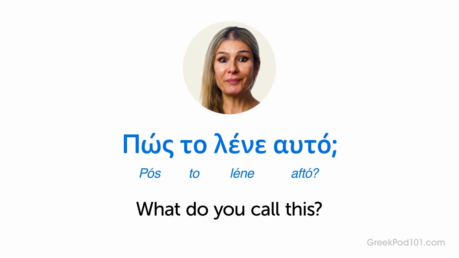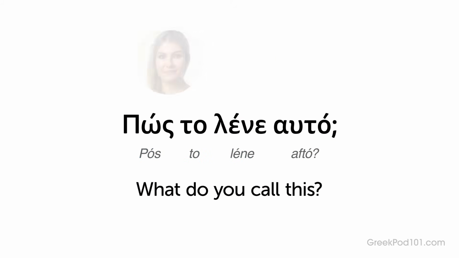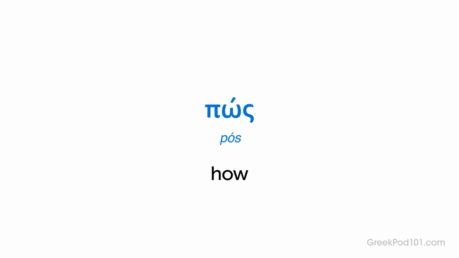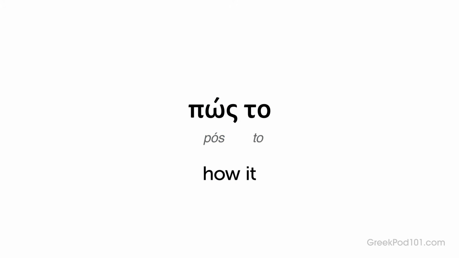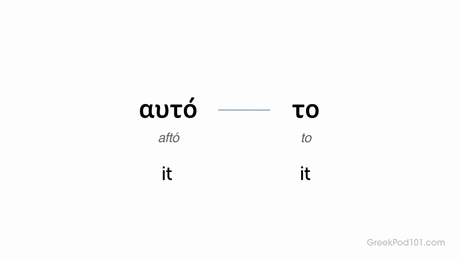Πώς το λένε αυτό? What do you call this? First is Πώς, how. After this is το, it. Note, το is a shortened form of αυτό, meaning it.